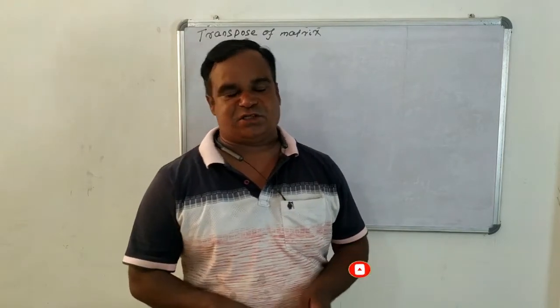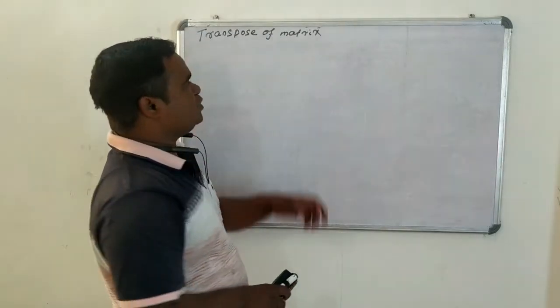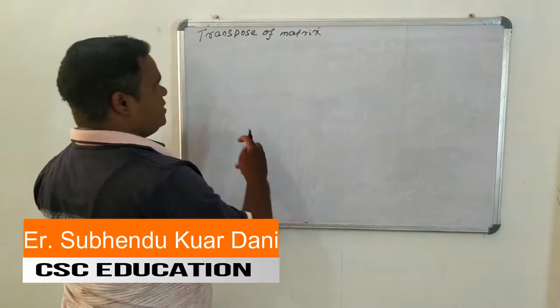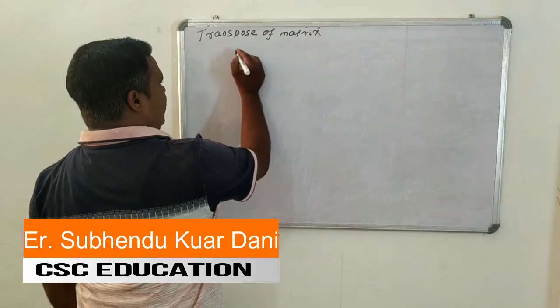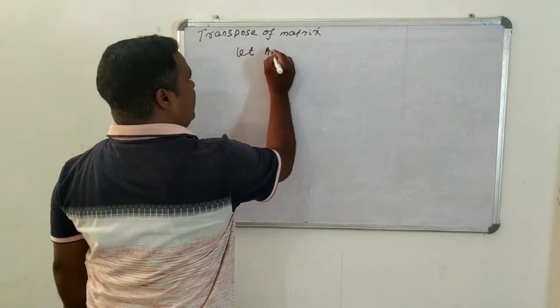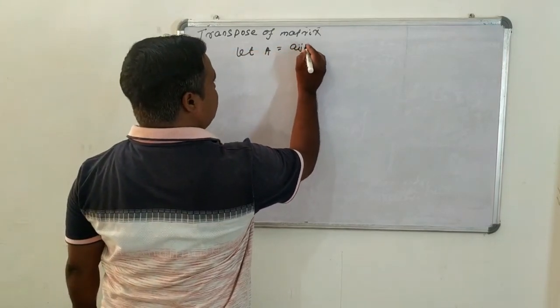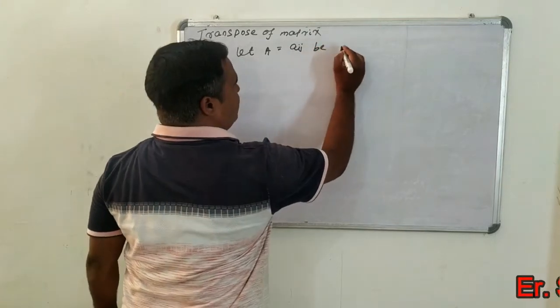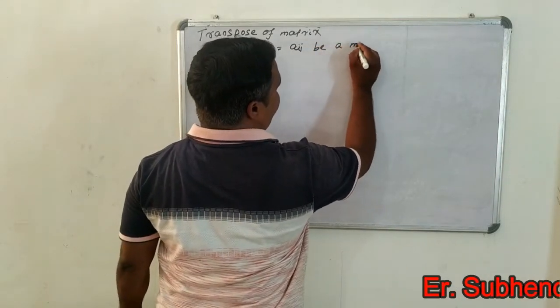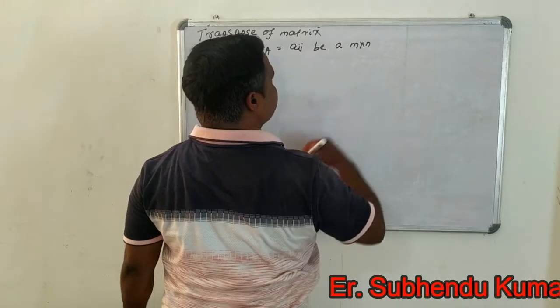Today I will discuss the topic: transpose of a matrix. So what is transpose? Let A be the matrix of Aij, an M by N matrix.